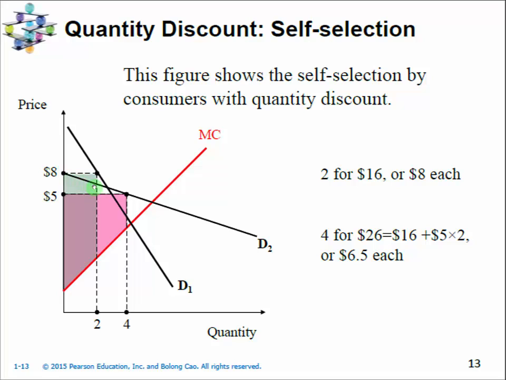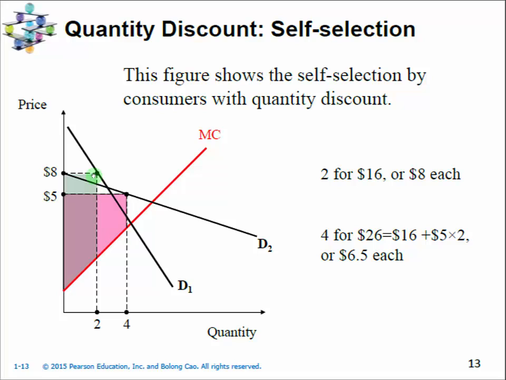But that loss for the second customer can be subsidized by the consumer surplus contained in this little white triangle. This example shows how a firm with monopoly power uses quantity discounts, different prices for different sizes, to attract different types of consumers, to let them self-select into buying different package sizes.